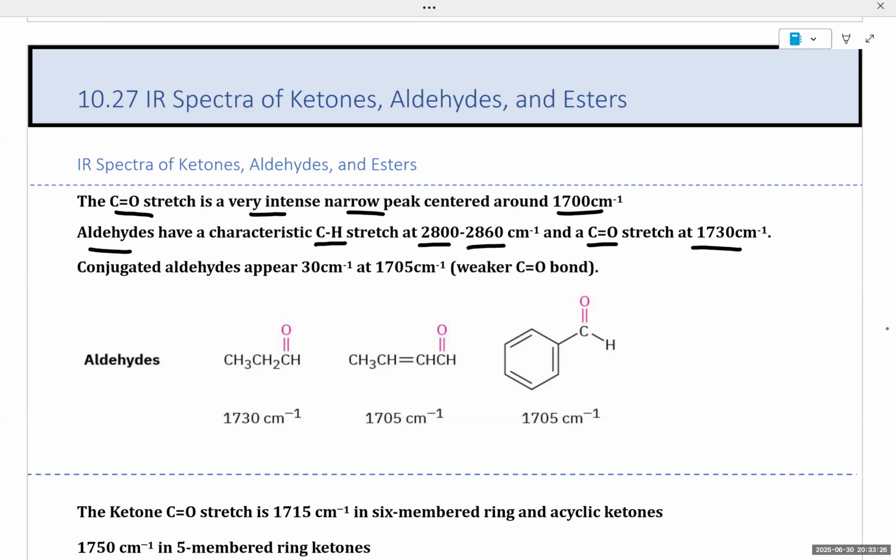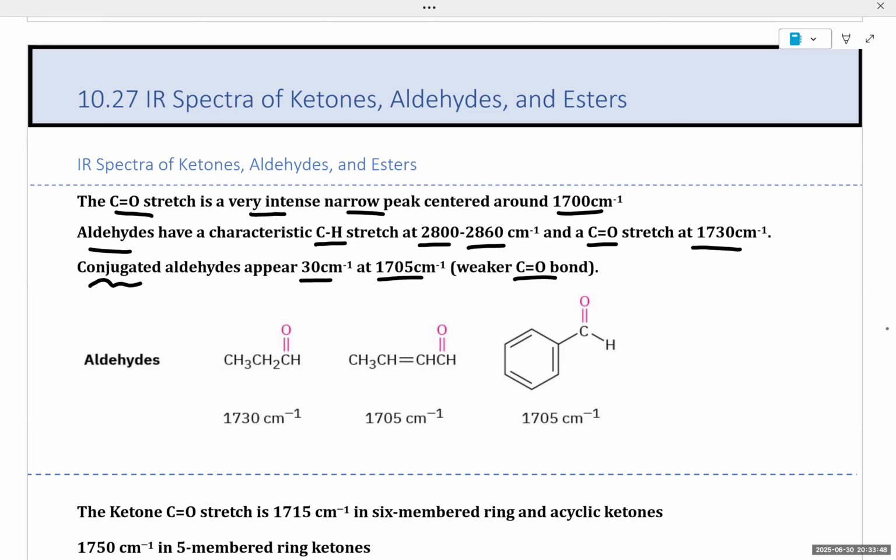Conjugated aldehydes appear at an absorbance value that's 30 centimeters lower at around 1700 centimeters inverse. That's because conjugation weakens your CO bond and leads to a lower CO bond stretching frequency.